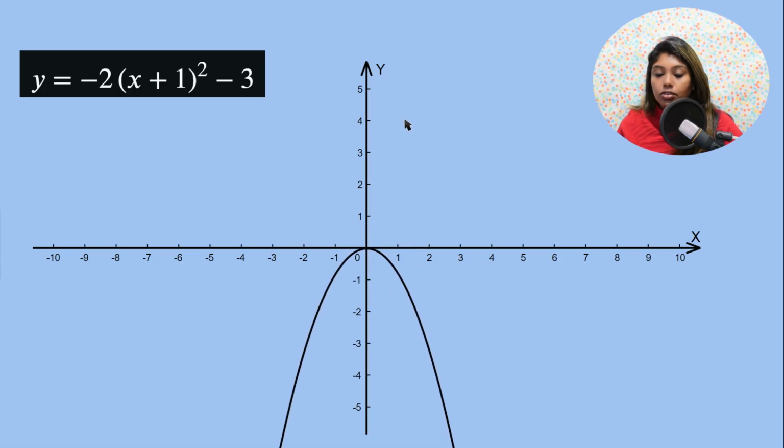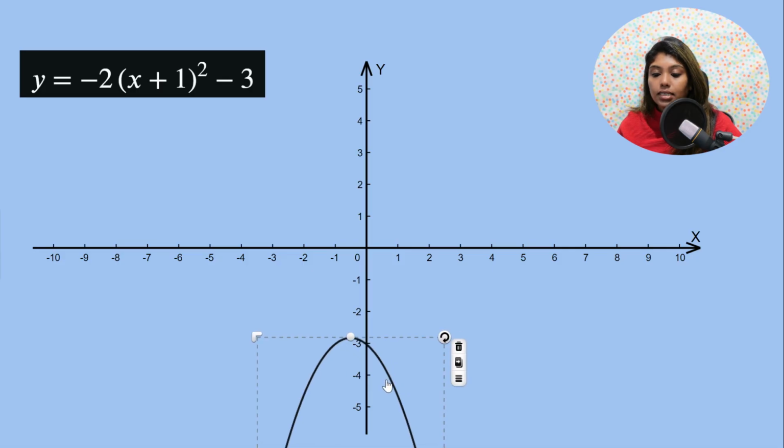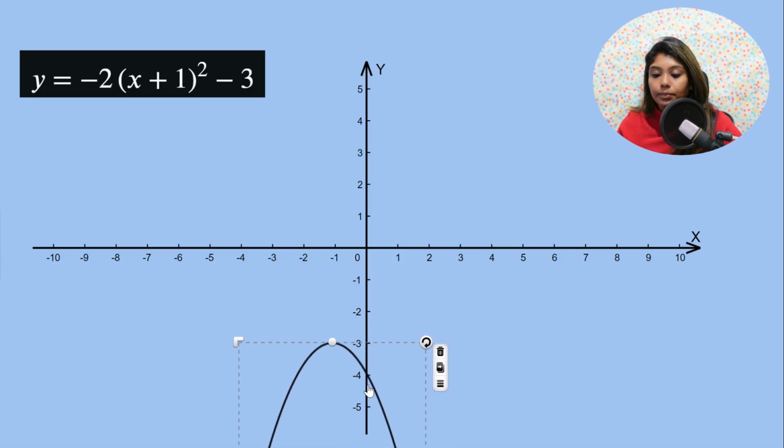All right. The next thing is the translation up or down. It's minus 3, so it's translation down. So move down. Next is plus 1. That means left or right. So this is the opposite direction. So plus means negative. So we move in the negative direction by 1.